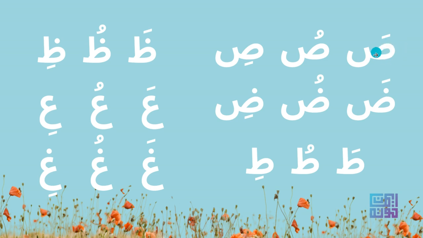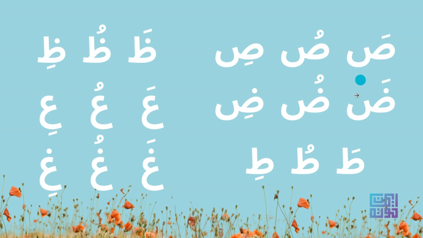The head of the letter has the same shape. But I want you also to notice something extra. The sad and the dad have this teeth. In Arabic, we call it sinna. So sinna means teeth, as though it's a little teeth, after it.